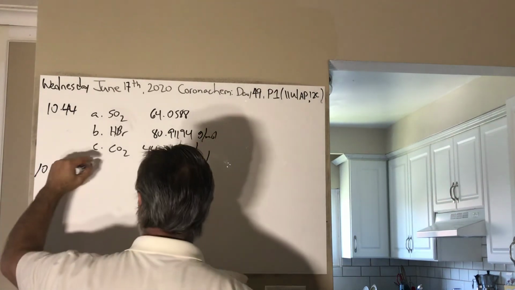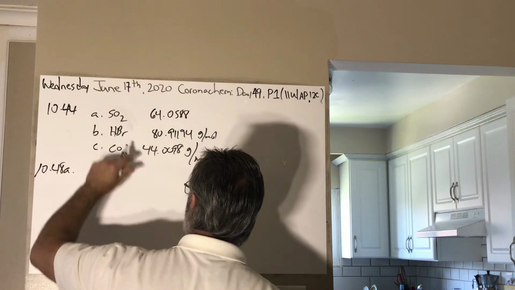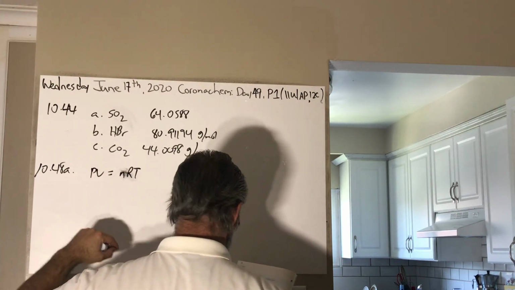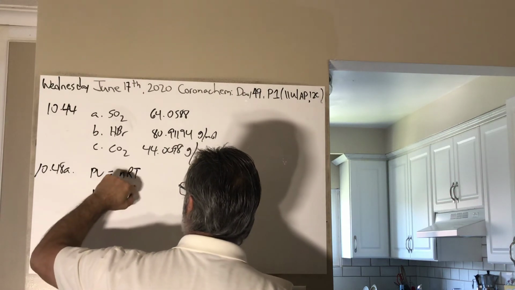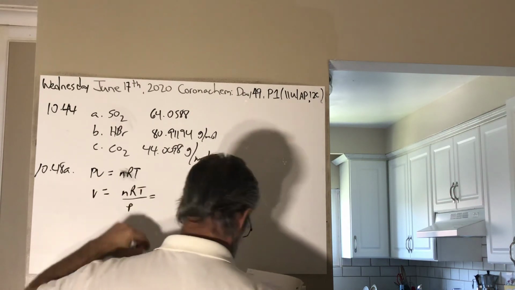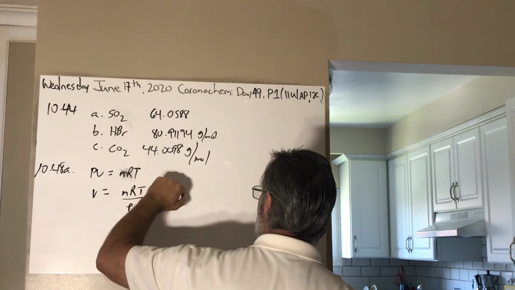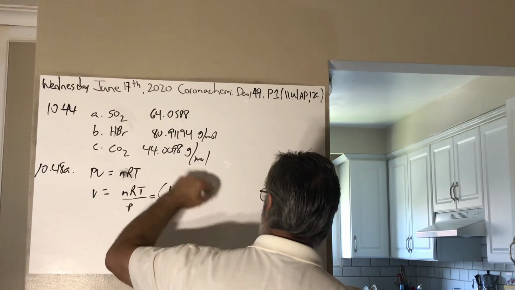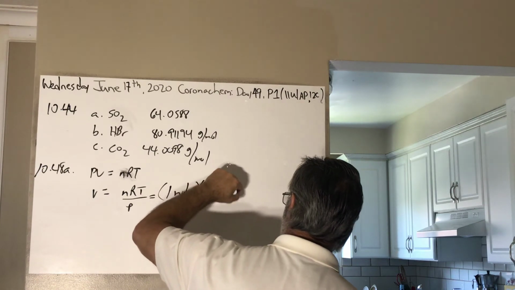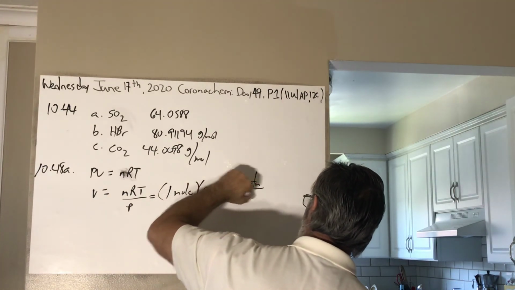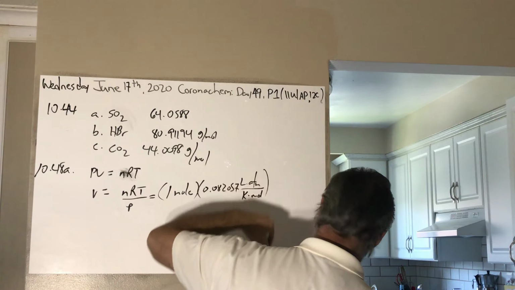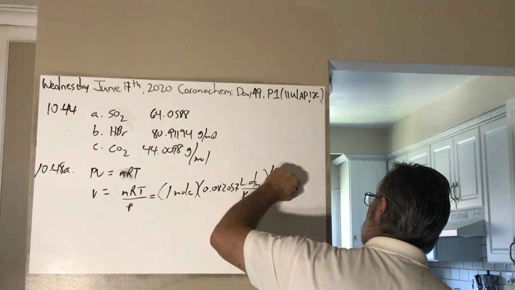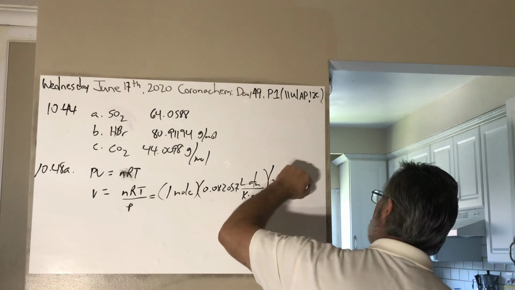We're going to use PV equals nRT, and that V is equal to nRT over P. Plug in the numbers that we know. It's for a 1 mole sample. The gas constant, 0.082057 liter atmospheres per Kelvin mole. Temperature is 273.15 plus 28.